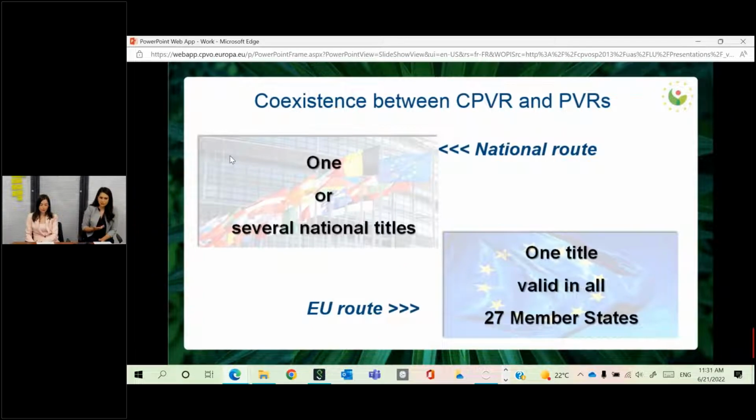This does not mean that the breeder cannot seek the national route, so national protection. We saw before that 23 of the 27 member states of the European Union are part of the UPOV Convention, so they do provide the possibility of protecting plant variety rights on their territory.